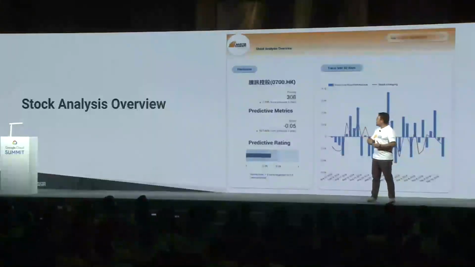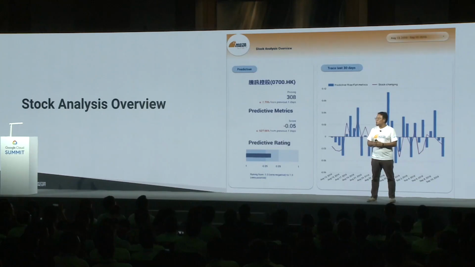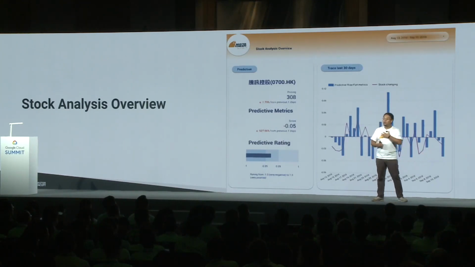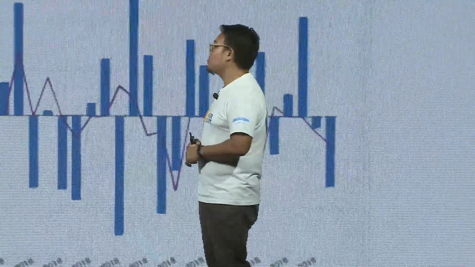You can go downstairs to our booth and you will see 0700. I think a lot of people here buy that stock. I've got to make it clear, I'm not a financial analyst. And you can see the prediction and the graphs and how we did in just 2 weeks' time.